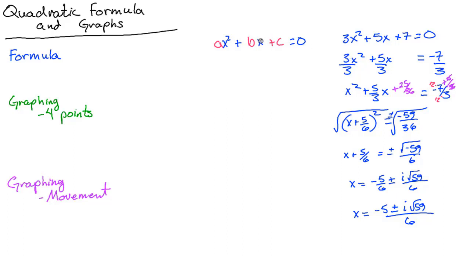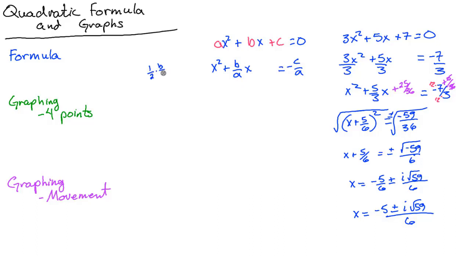We're going to do the same thing, subtract the C over and divide by A. Let's go ahead and do those at the same time. x squared plus B over A x equals a negative C over A. Cool. Okay, so I just did those first two steps at the same time, got leading coefficient 1. Now we have to take half of B over A. Now, you might have to do this by hand over here.